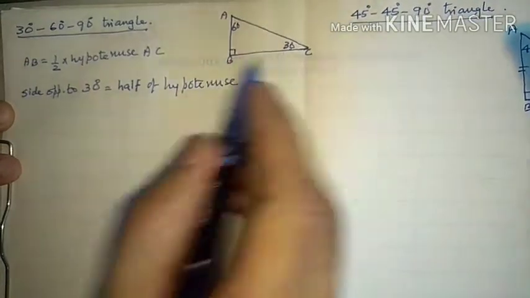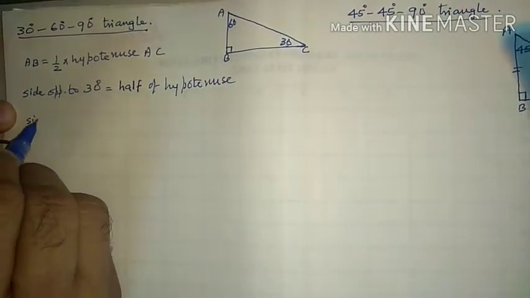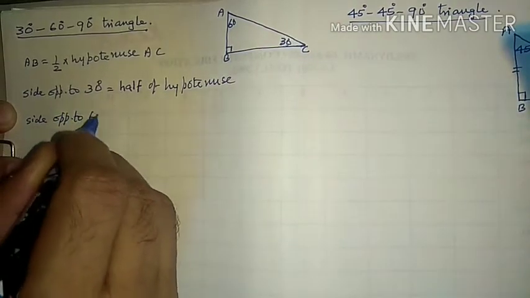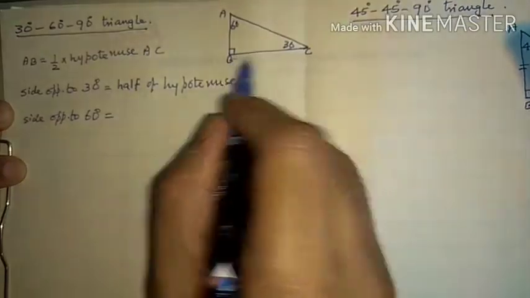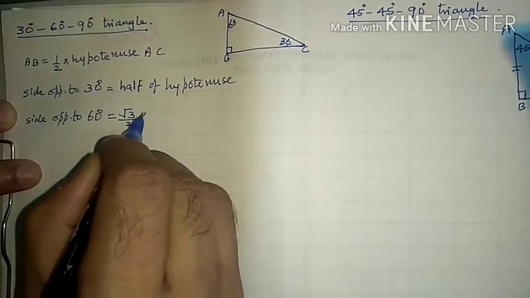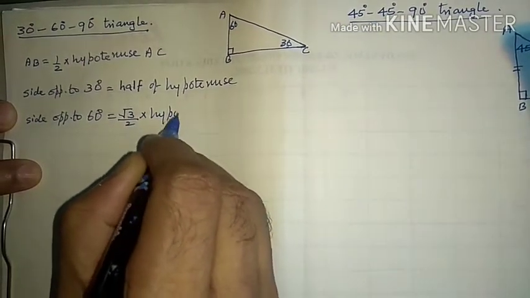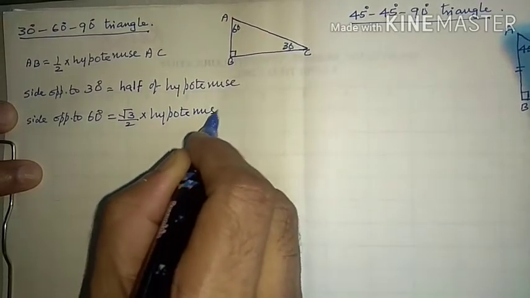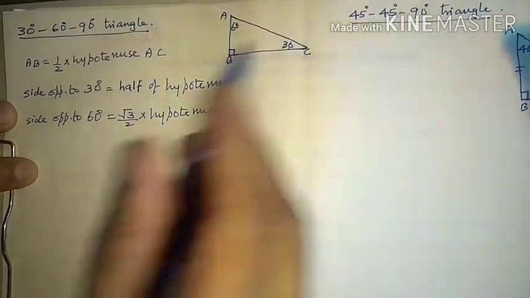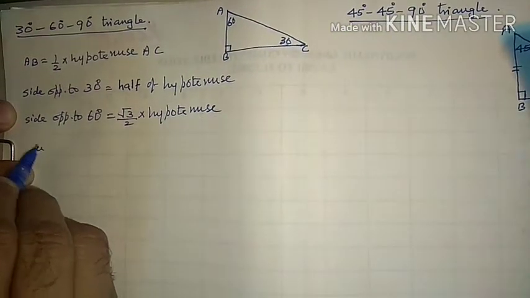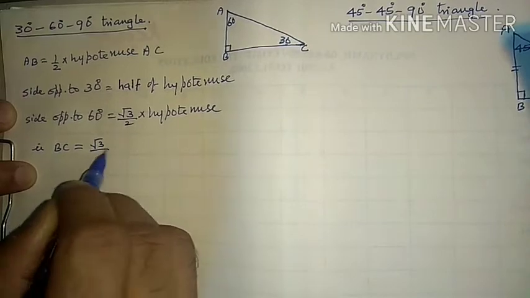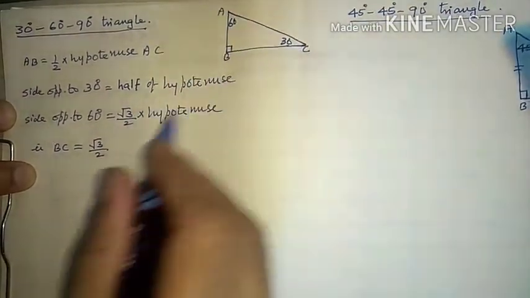Then this BC, the side opposite to 60 degree, is root 3 by 2 times the hypotenuse. That is, BC is root 3 by 2 times the hypotenuse AC.